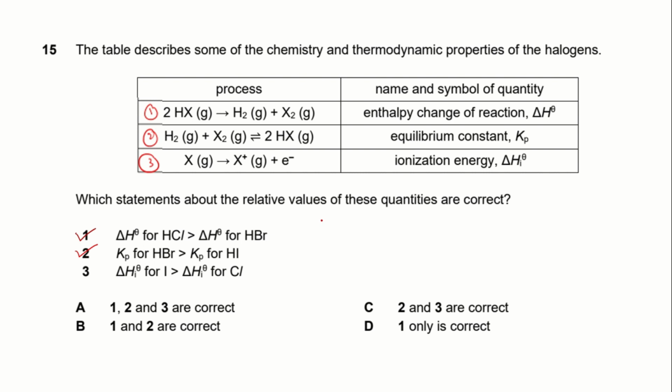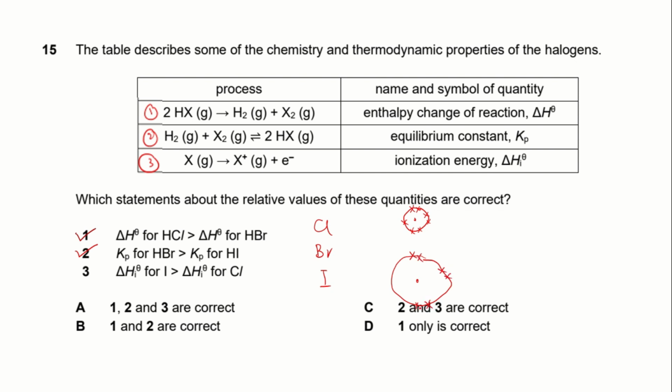Statement 3 is about the ionization energy of iodine and chlorine. In group 17, iodine is below chlorine, so the atomic size of chlorine is smaller than the atomic size of iodine. Nucleus is in the middle. Chlorine's valence electrons are closer to the nucleus compared to the valence electrons of iodine.